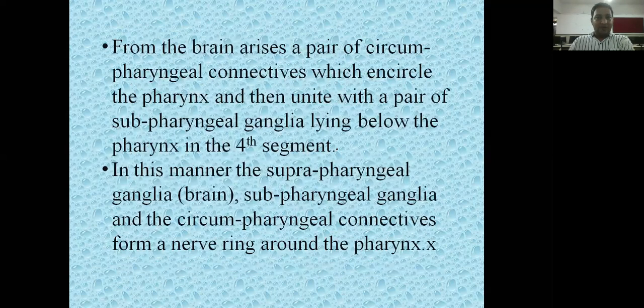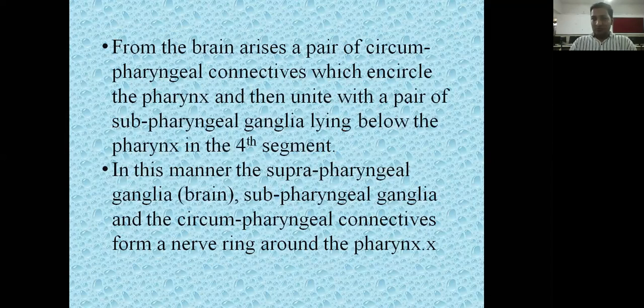From the brain arise a pair of circumpharyngeal connectives which encircle the pharynx and unite with a pair of subpharyngeal ganglia lying below the pharynx in the fourth segment.